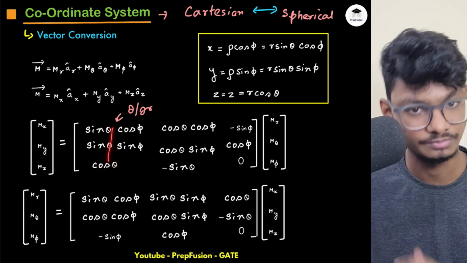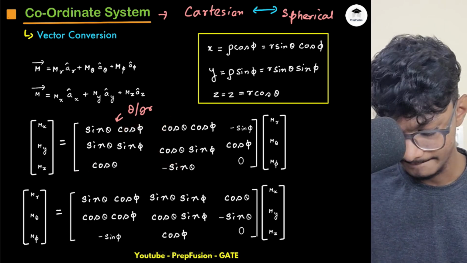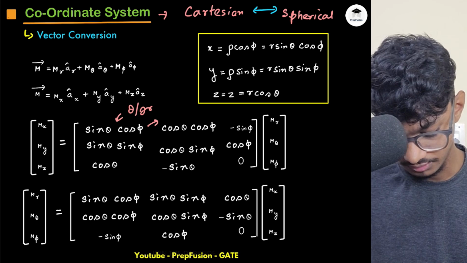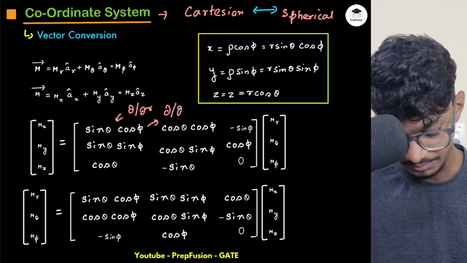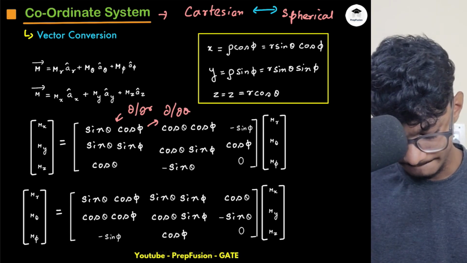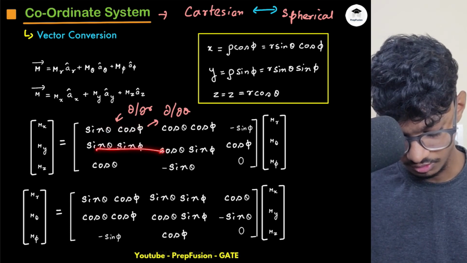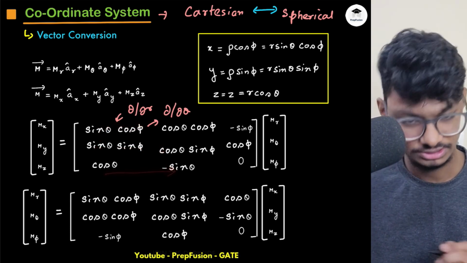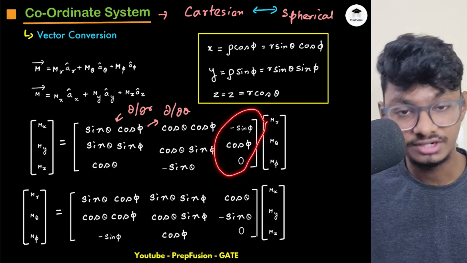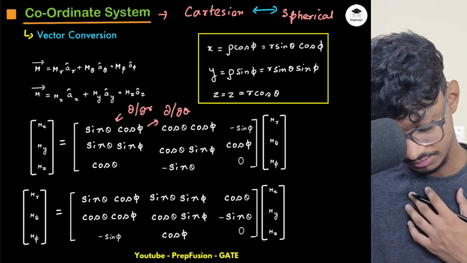Then I differentiate with respect to theta, partially differentiating from the first column. This will become cos theta, and this will change to minus sin theta. That's it. Now this row I will differentiate with respect to phi. Okay, I will again come back from here.